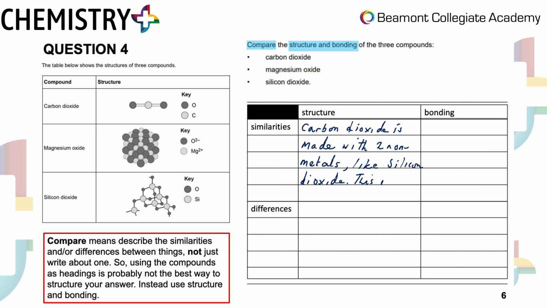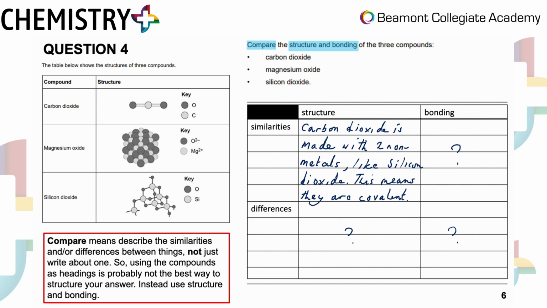This means they are covalent. So that's a similarity when comparing carbon dioxide and silicon dioxide. What would you put in my other parts of the table, or what have you put in your table? If you haven't completed a table yet, maybe it's time to pause and attempt this question again.